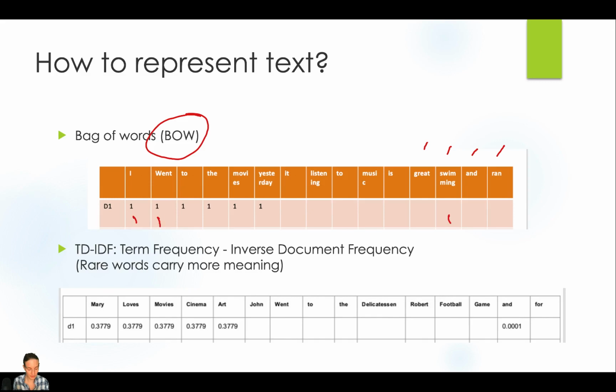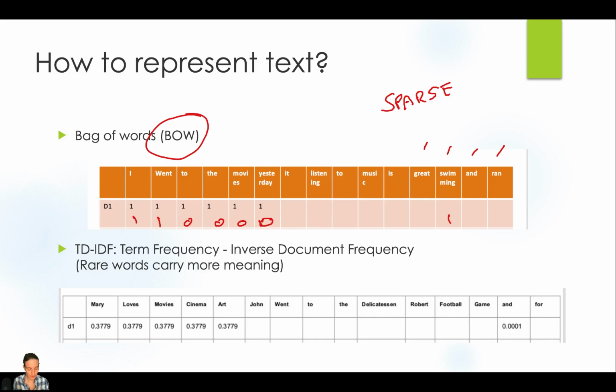Something that is immediately apparent here is that there are 20,000 words or something in the English language. To represent I went swimming, I need almost 20,000 zeros and 3 ones. So it's a very, very sparse representation. This is going to become a problem when we're learning models.